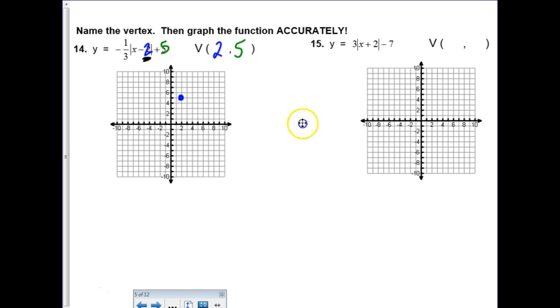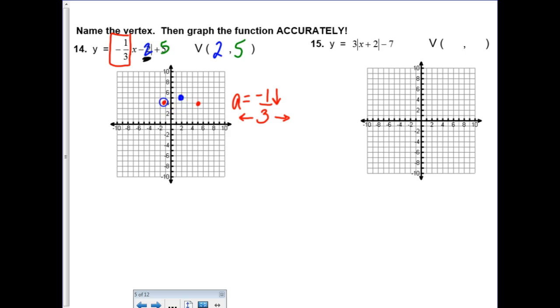Some of you were plotting your points backwards last test, so be careful. And then whatever your a value is indicates the slope of the branch. And because our a value is also negative, this one's going to go downwards, it's going to be reflected. So the a value is a negative 1 over 3. So for graphing, that means you're going to travel down a unit, and then you're going to go right 3 and also left 3. So down 1, right 3, and down 1, left 3.